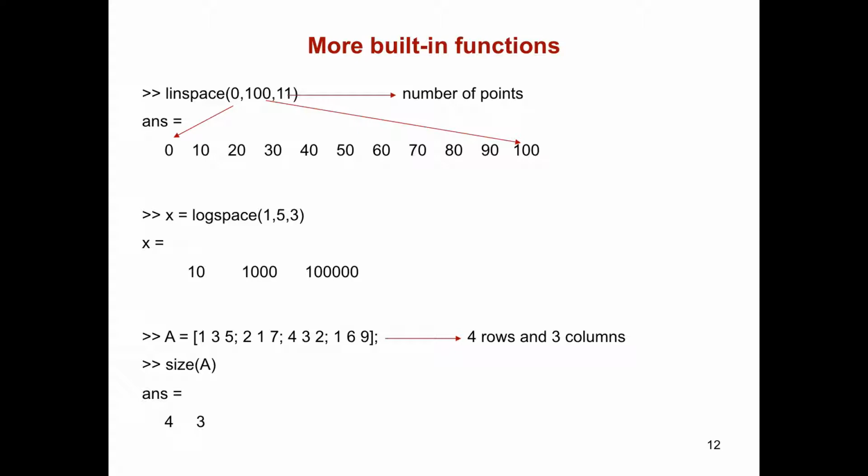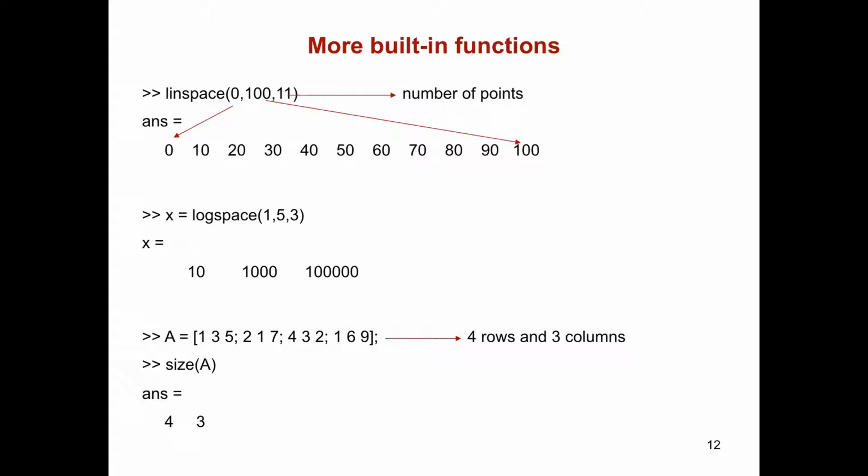One of the most common commands that we will use is the so-called linspace. Anytime I'm solving something numerically or designing a space to produce some simulation results, I need sample points. And linspace will give me sample points in a vector, in this case between 0 and 100, and 11 of them.